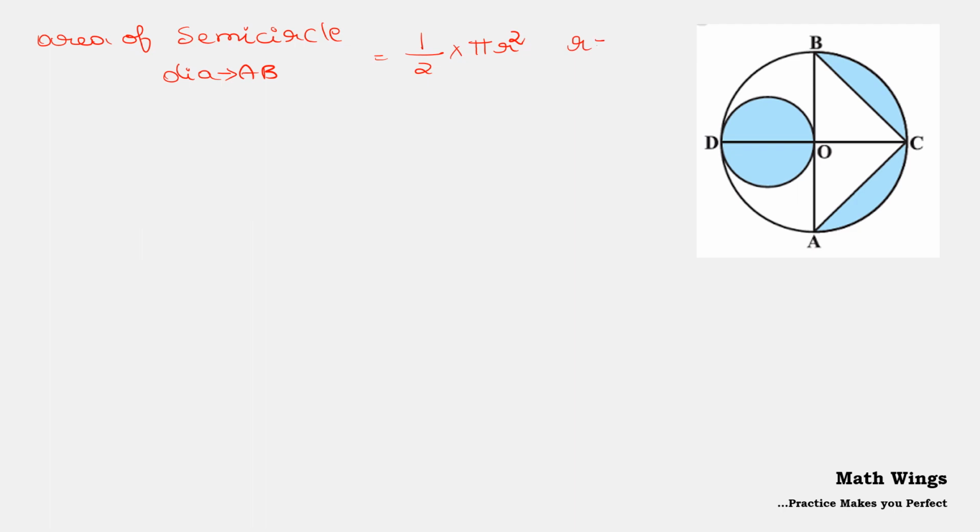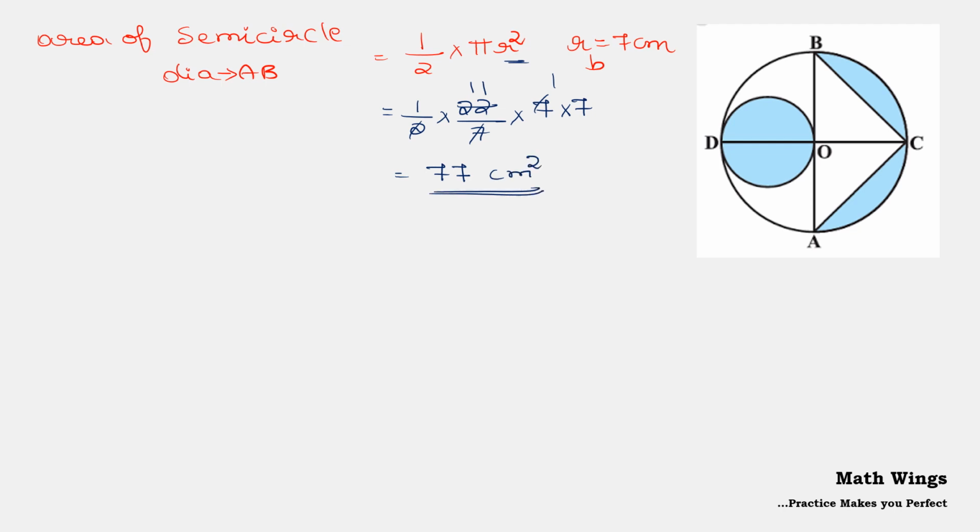R value is equal to 7 centimeter, R of the bigger circle. Let us substitute this to get the answer. Half into pi is nothing but 22 by 7 into, we have radius as 7, r square here, therefore we can write 7 into 7. So when I simplify this one, what will I get? 7 ones are 7, 2 11s are 22, that is equal to 77. Again here the unit is centimeter square.